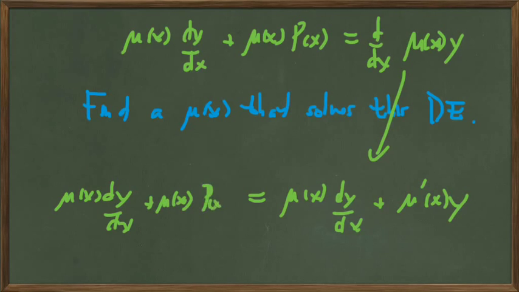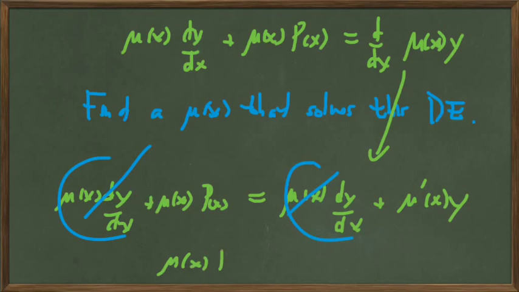Well, it turns out that there is a good amount of cancellation, right? This and this are the same, so they cancel out, and so we have the much simpler differential equation remaining: mu of x p of x y equals mu prime of x y.